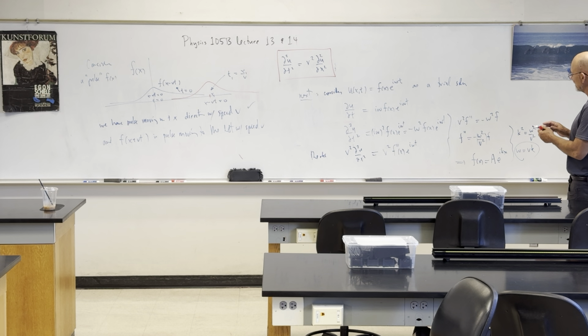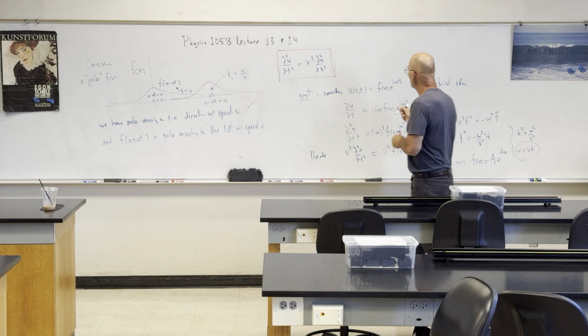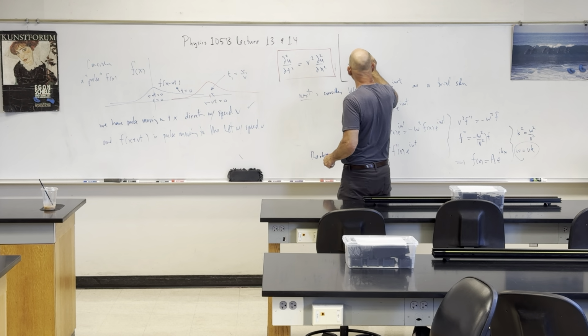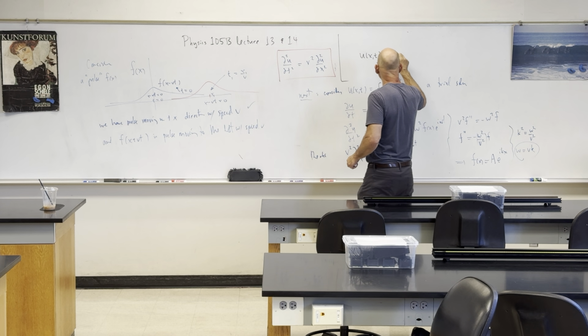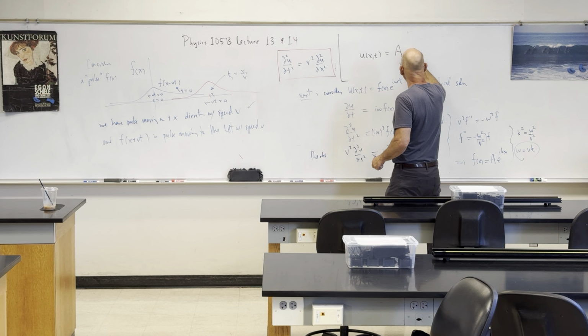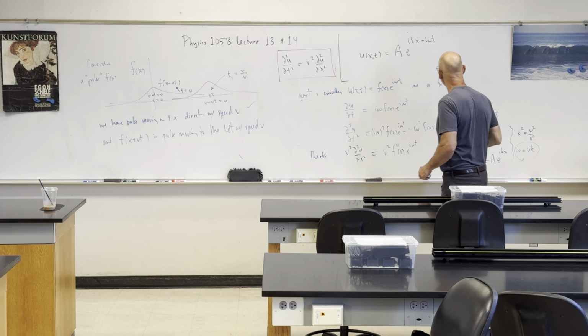But what we can do is put this all together now, and this is a standard form. So what we now have is u of x and t equals A e to the i kx minus i omega t.